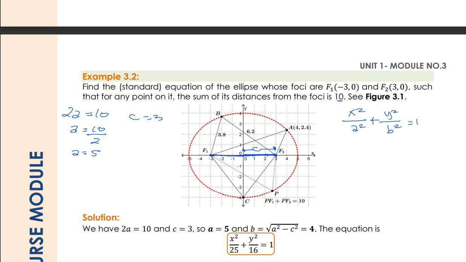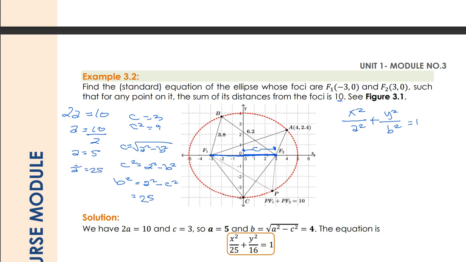Remember the formula: c is equal to the square root of a squared minus b squared, or c squared is equal to a squared minus b squared. Then transfer b squared to the other side, and transfer c squared to the other side. So b squared is equal to a squared minus c squared. c squared is equal to 9, and a squared is equal to 25.